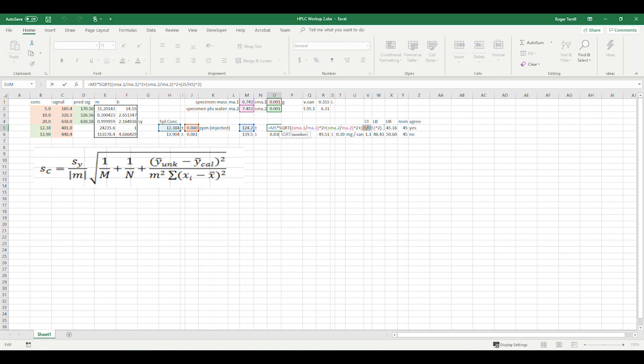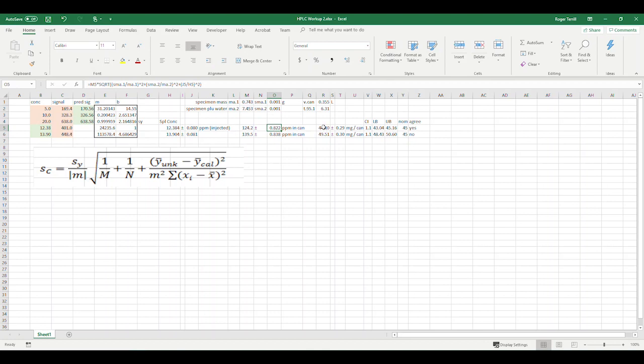And so those three guys are root sum squared, so that the ratios are squared, and then we take the square root of the sum of them, and then multiply that by M5, which is the answer here. So this basically gives the relative error in the answer, and when you multiply the relative error in the answer by the answer, you get the error in the answer. So that's 0.822.